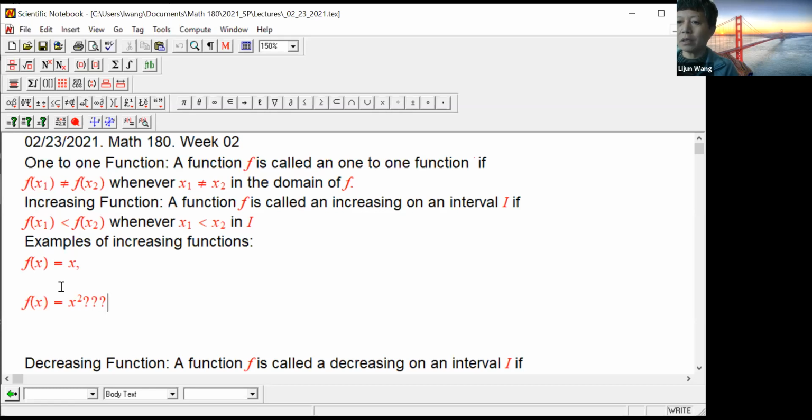Okay, so how do we make the case that f of x equals x is an increasing function? We're going to apply the definition, right?